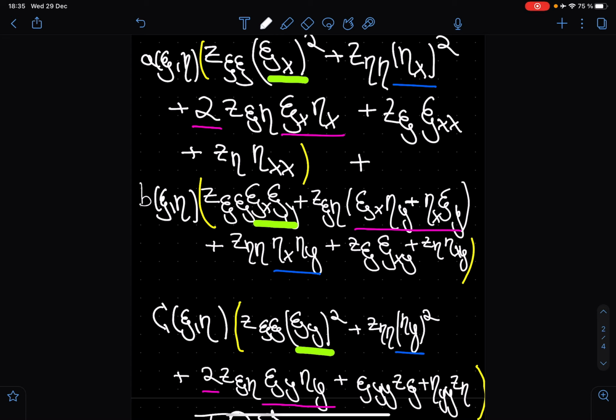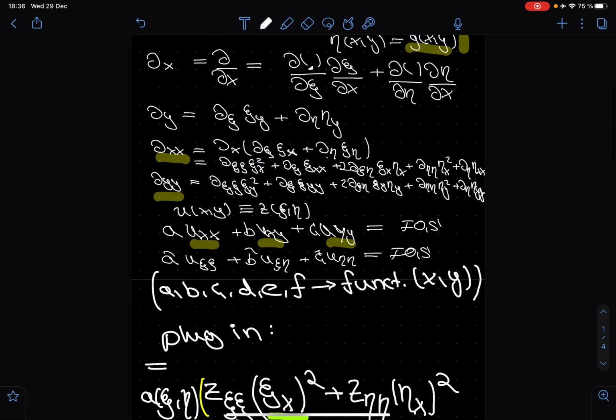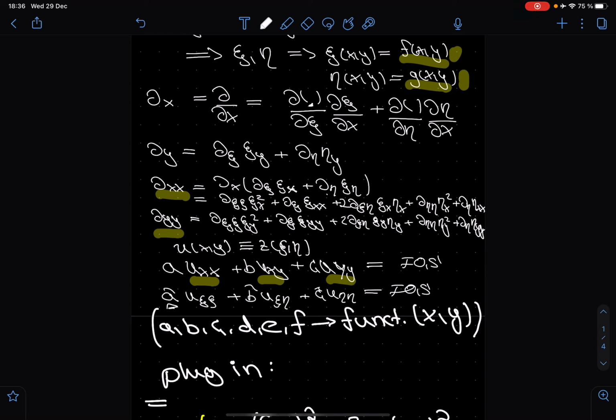And if you've done that, that will give you the actual normal form, which will lead you to the characteristic equations, which you need to solve in order to cancel out these coefficients, the a hat and c hat, in order to get the canonical form.